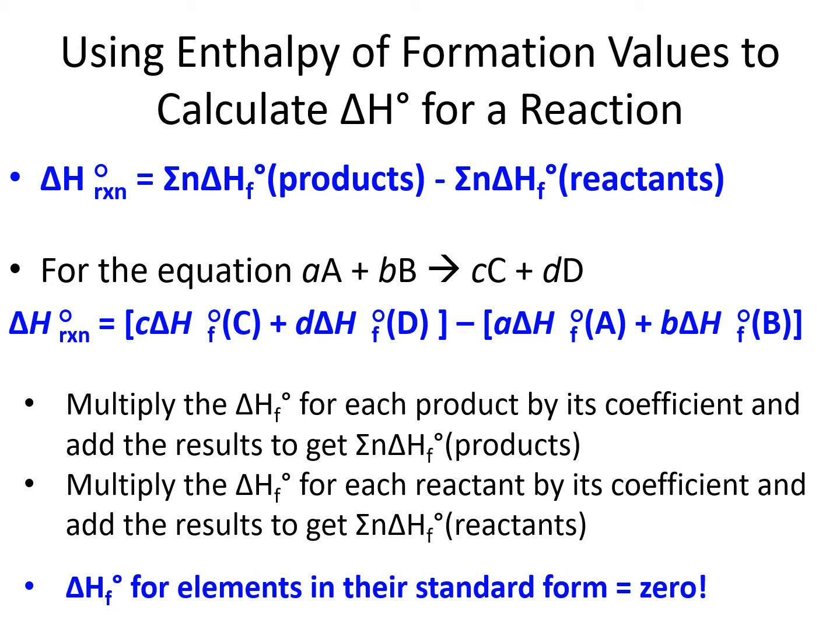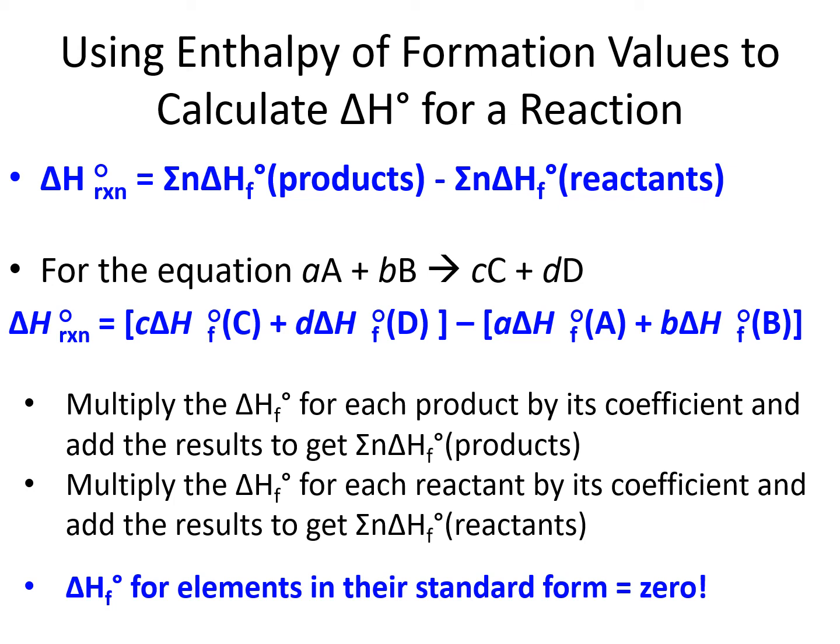So we have little c, the coefficient C, times the delta HF of product C, plus coefficient D times the delta HF of product D. And then we subtract coefficient A times the delta HF of reactant A plus coefficient B times the delta HF of reactant B. So we're going to multiply the delta HF for each of the products by the corresponding coefficients and add those up.